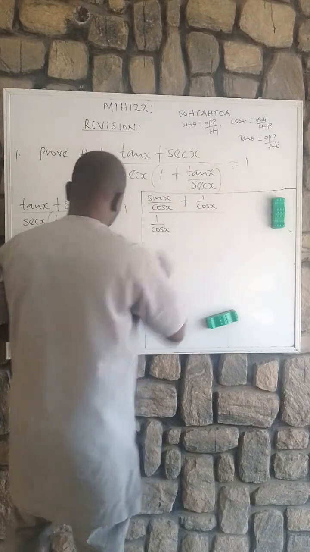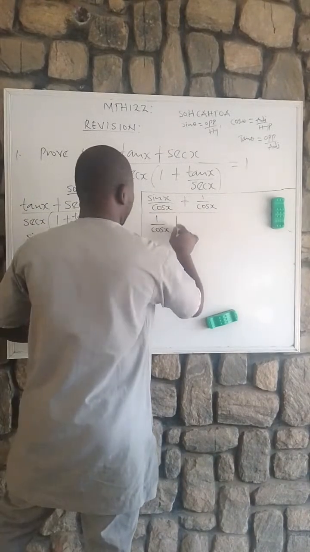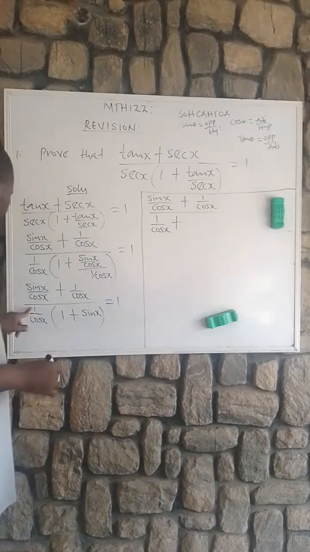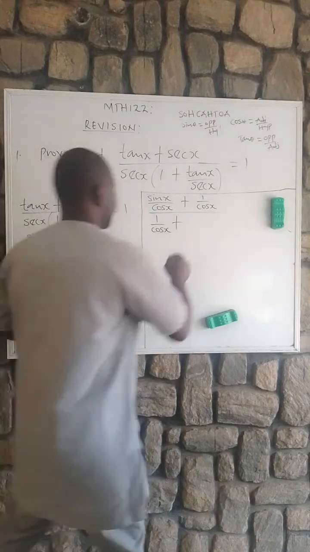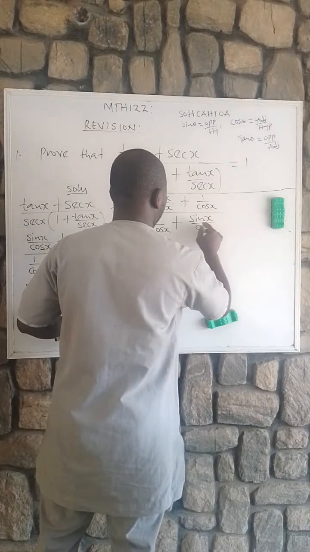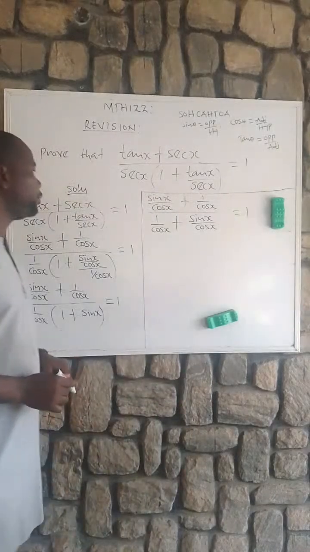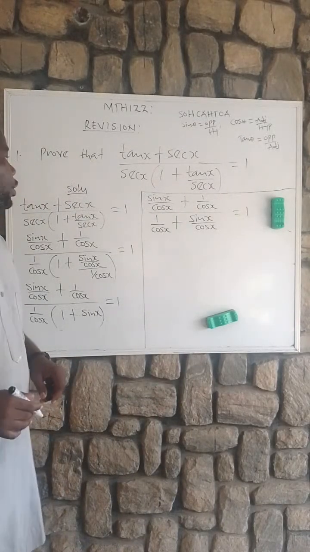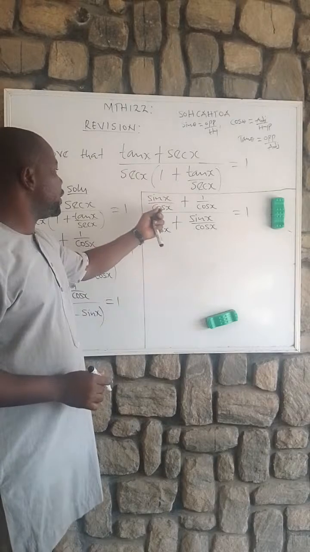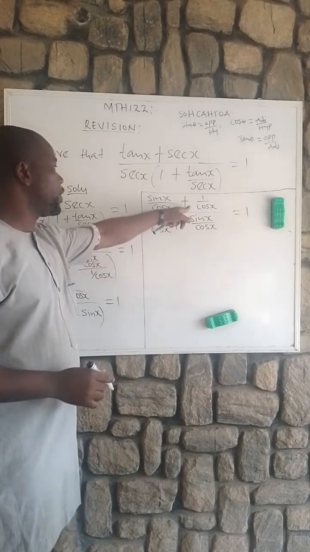Then what do we have here? Plus. Use 1 all over cos x to multiply sine x. You have sine x all over cos x, which is equal to 1. Now you see. So for both this up and this down, we have to consider what?